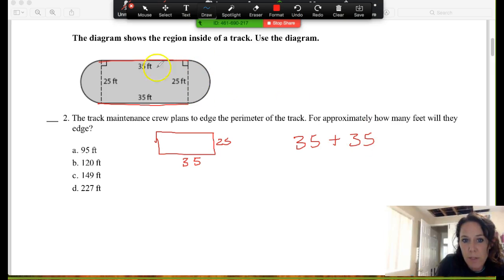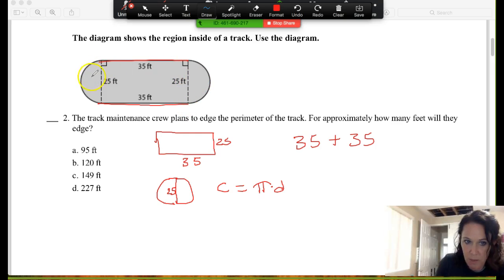And then we have two semicircles. So you can think of it, if you've got two semicircles, as a full circle. And you can see that length here for the diameter is 25. So what we really need is the perimeter of a circle, or the circumference. We know circumference is pi times diameter, and the diameter is going to be 25 feet.